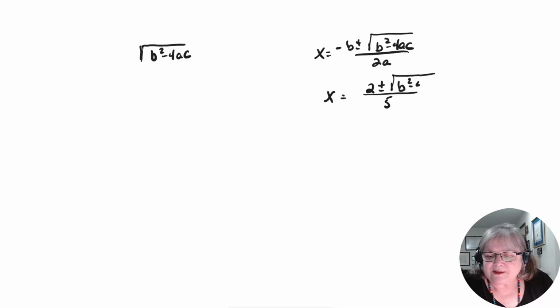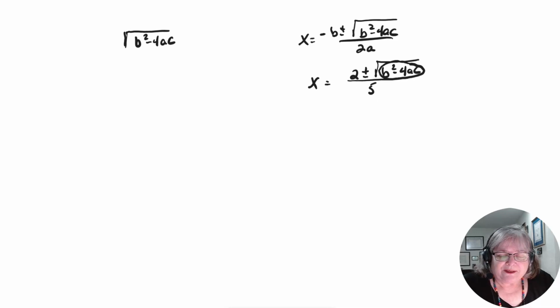And then we have this part. After you take the square root of it, add it and subtract it to the 2 over the 5, it's going to determine whether you have something like 2 plus 4 over 5, or 2 plus 4i over 5, or 2 plus the square root of 5 over 5. So let's look at this a little bit.